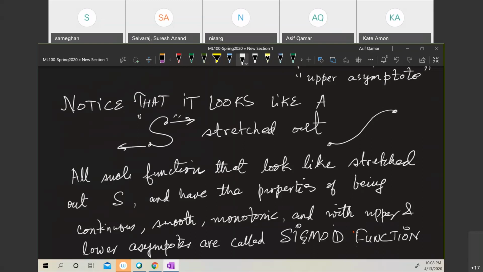Are we together? These are called sigmoid functions.